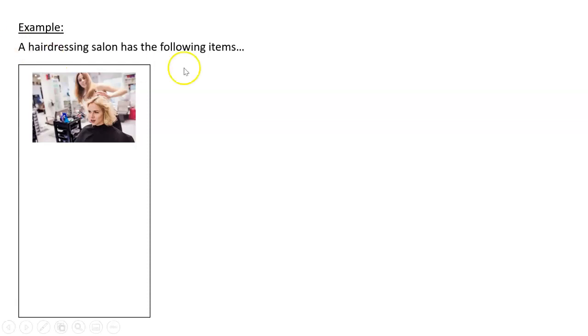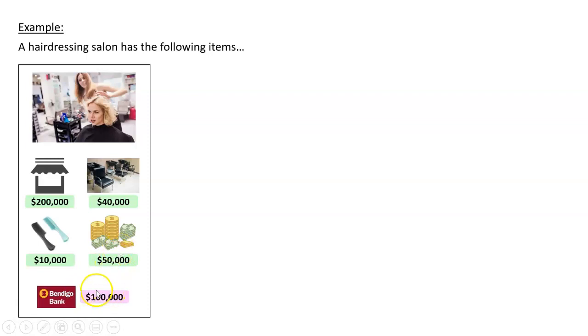So let's take a hairdressing salon owned by this lady here. The business has a property of $200,000, $40,000 of equipment, chairs and basins and so on, $10,000 of product and combs and stuff like that, $50,000 in the bank. However, it also has a $100,000 loan to the Bendigo Bank. So now we can look at this lady who's the owner.